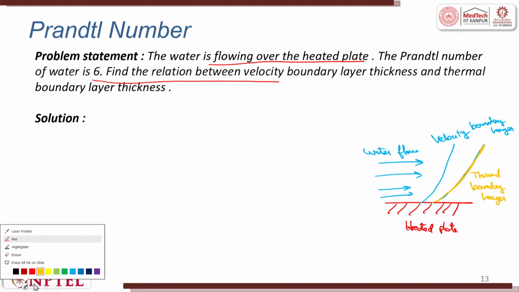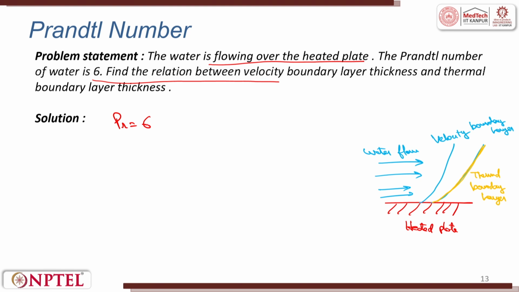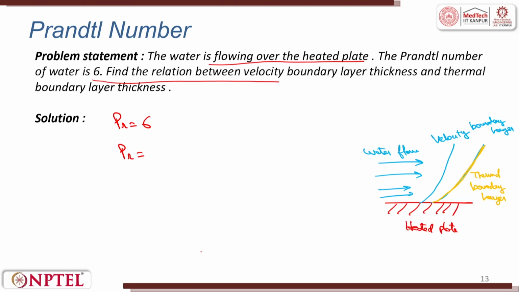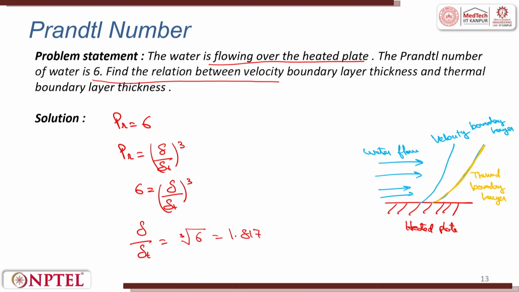So we can just put it as Pr is given as 6, and we know Pr has many relations. When we have been given the hydrodynamic boundary layer thickness and the thermal boundary layer thickness, this is the relation that holds: Pr = (delta by delta T) to the power 3, which means 6 is equal to (delta by delta T) to the power 3. Therefore, delta by delta T is equal to the cube root of 6, which is 1.817.